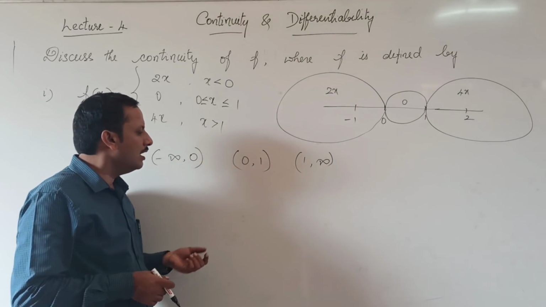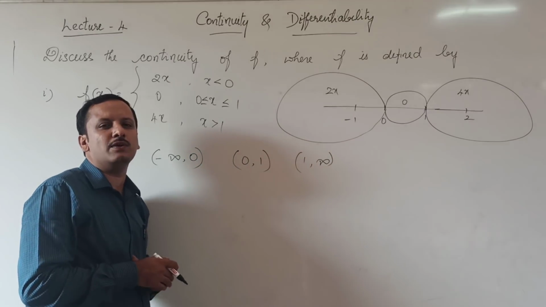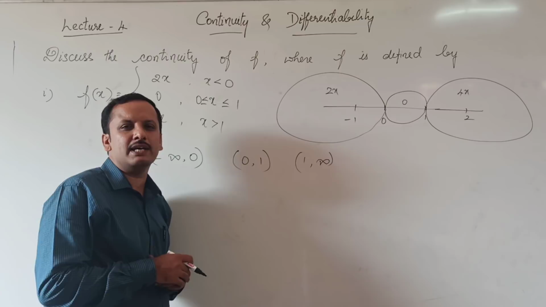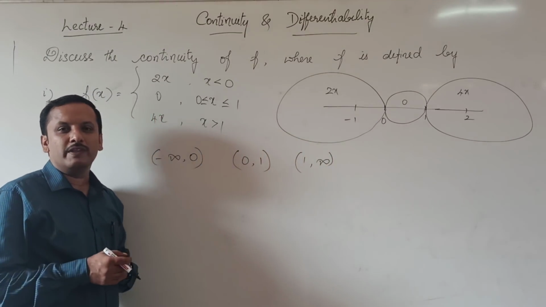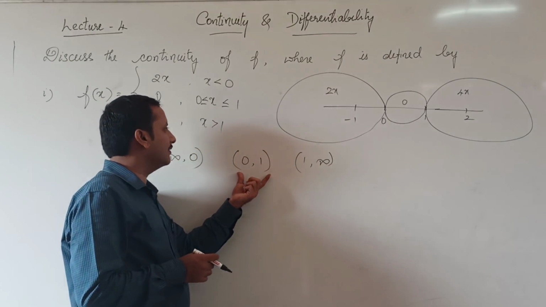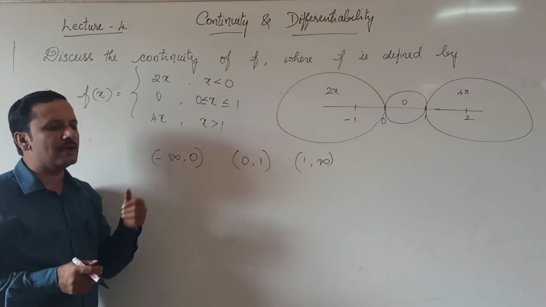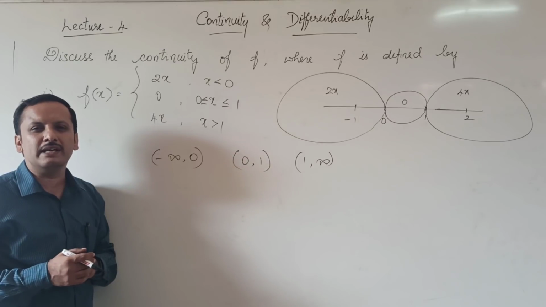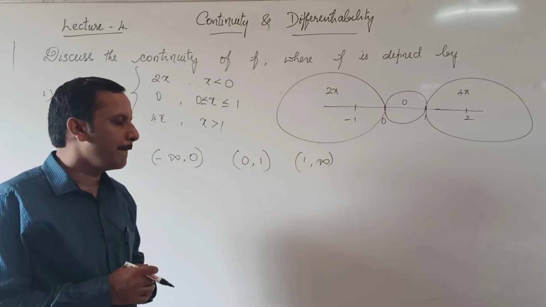Then between 0 to 1, f of x is defined as 0. 0 is a constant function, and we know that every constant function is continuous. So it is continuous in this interval. Then in this interval, open interval 1 to infinity, f of x is defined as 4x. 4x is another polynomial function, so that is also continuous.